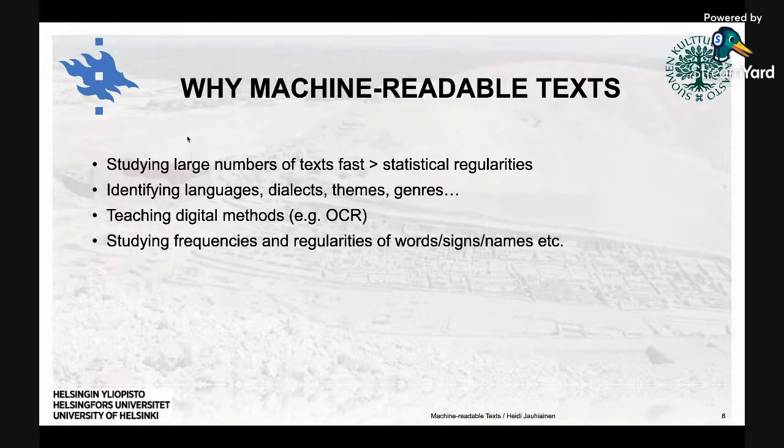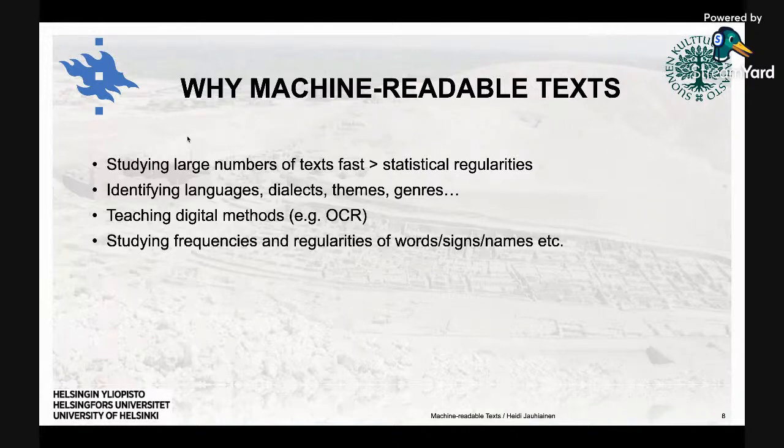With machine-readable texts, one can train new digital methods. For example, in order to use optical character recognition, or OCR, on hieroglyphic texts, the method would first have to be trained with lots of annotated texts.